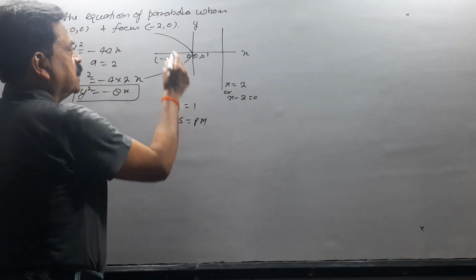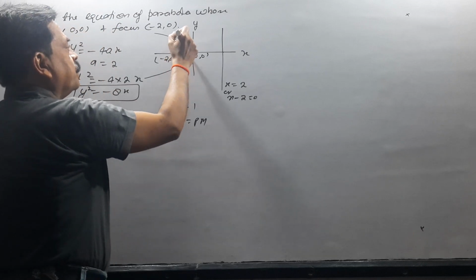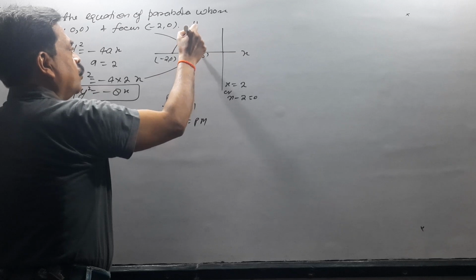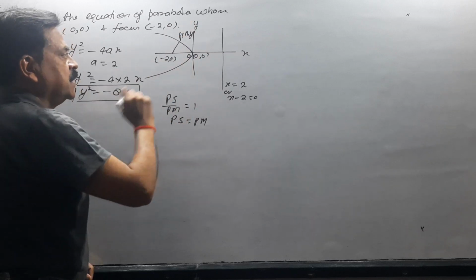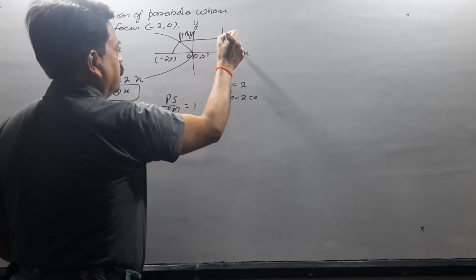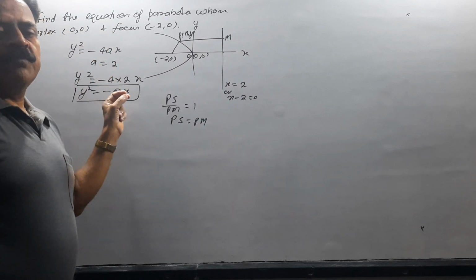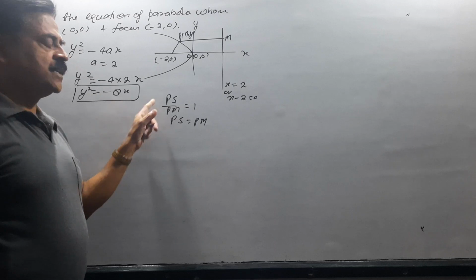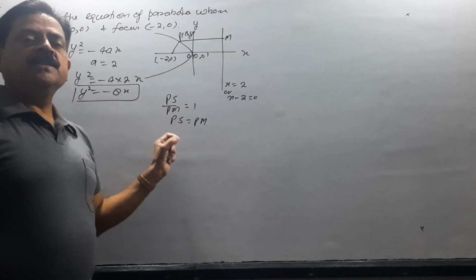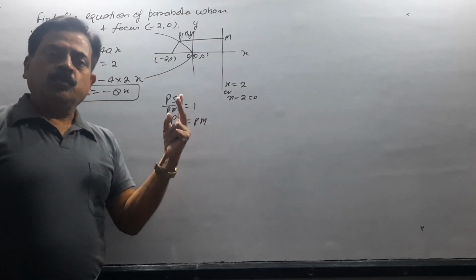PS is distance from variable point P whose coordinates are always taken as (x, y), and PM is this distance. So if we are unable to identify the appropriate form of parabola, then we will use this definition of parabola, and in this definition we require two things.